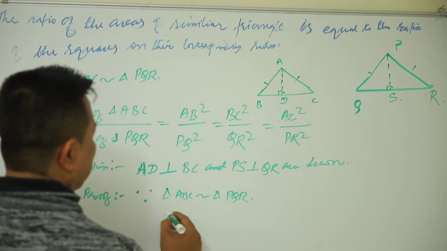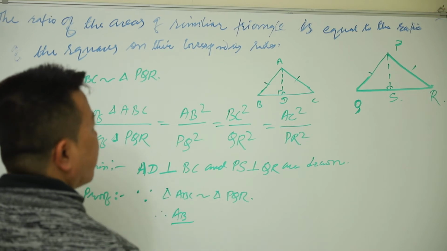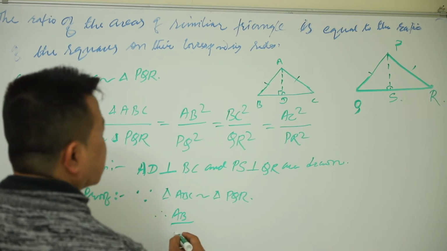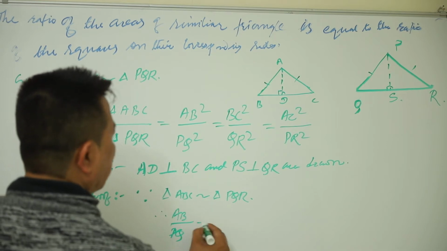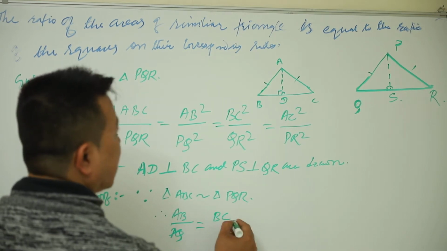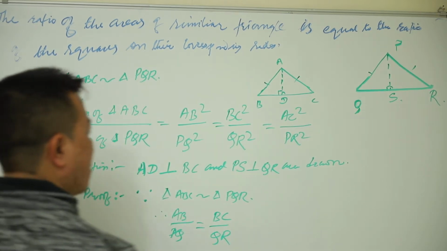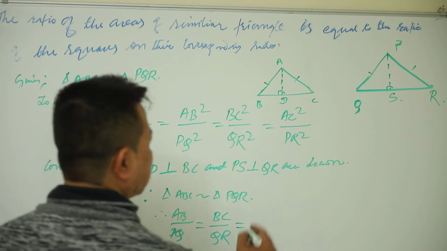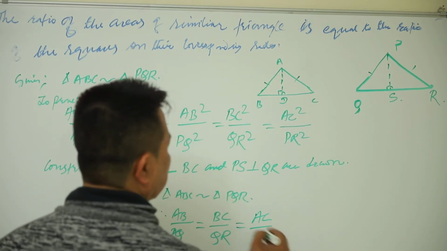So you can write AB by PQ is equal to BC by QR is equal to AC by PR.